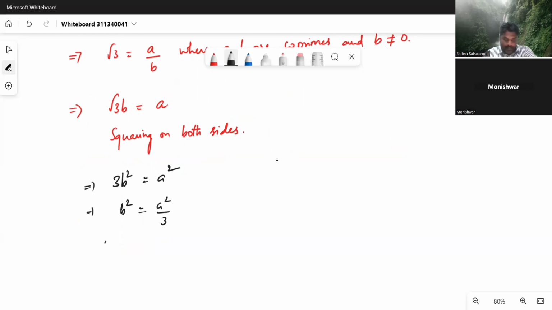That means 3 divides a square. That means 3 will divide a. That is what the theorem tells.